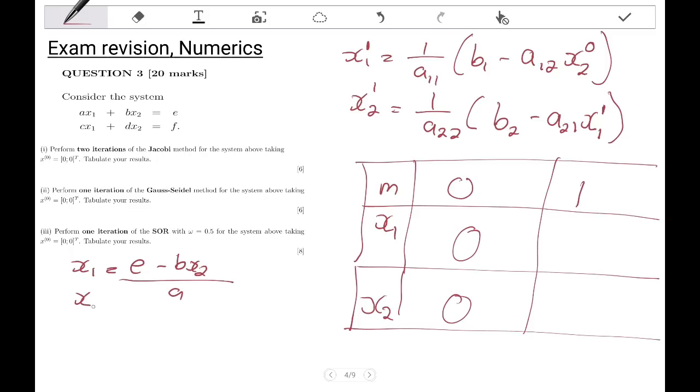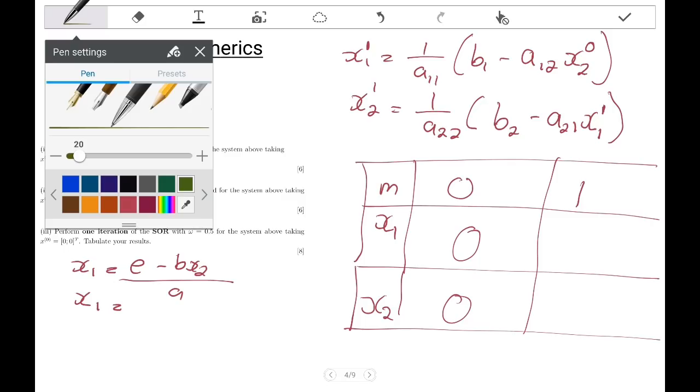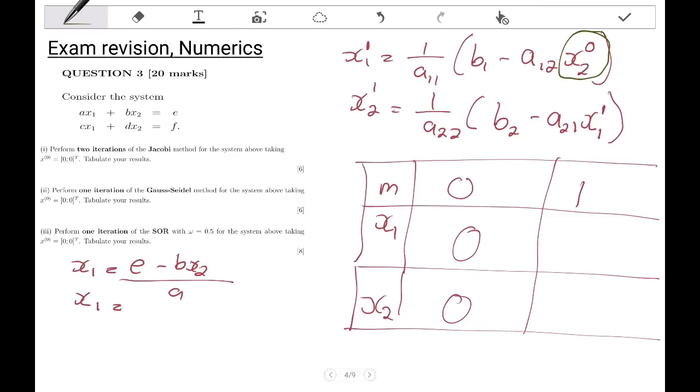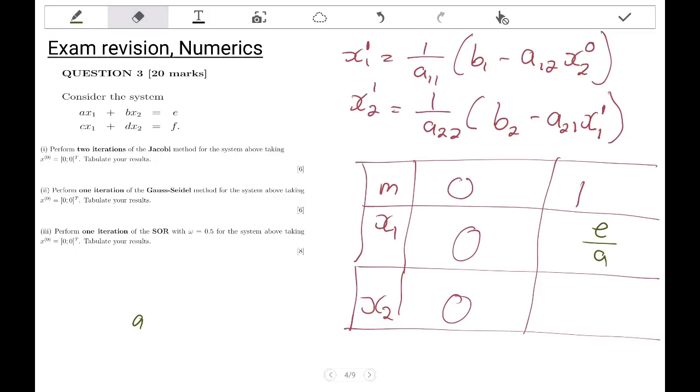And then when we calculate, x2 here, according to our algorithm, we substitute the previous value, the initial one. If we substitute the initial one here, b multiplied by 0, we are going to get 0, and then our answer for x1 is going to be e over a, which is the same as the previous one. And then we're moving on now to x2.